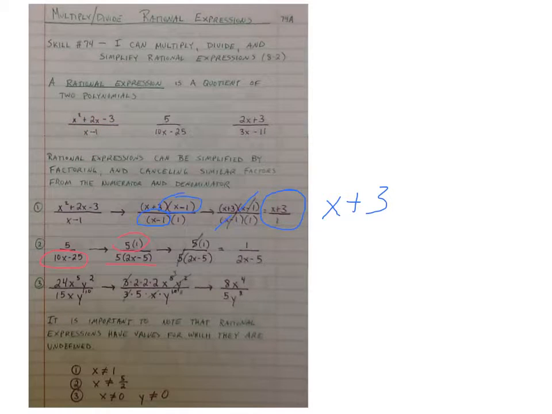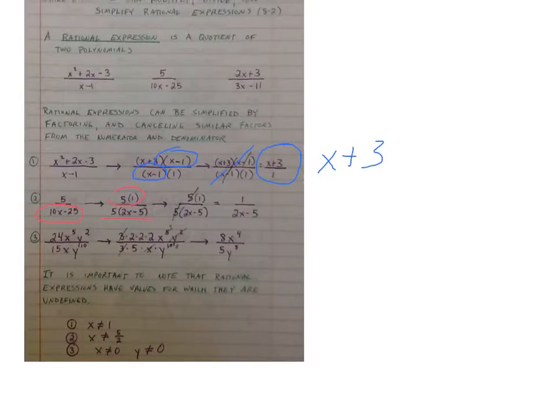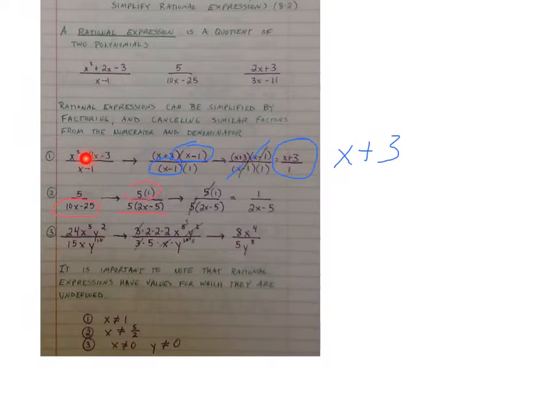So basically, points where the denominator equals 0 are not allowed. And in the three examples that I did, the first example, x can't be 1, and the second example, x cannot be 5 halves because 2x minus 5 cannot equal 0. And then in the third example, neither x nor y can be equal to 0 because that would make the whole denominator 0.